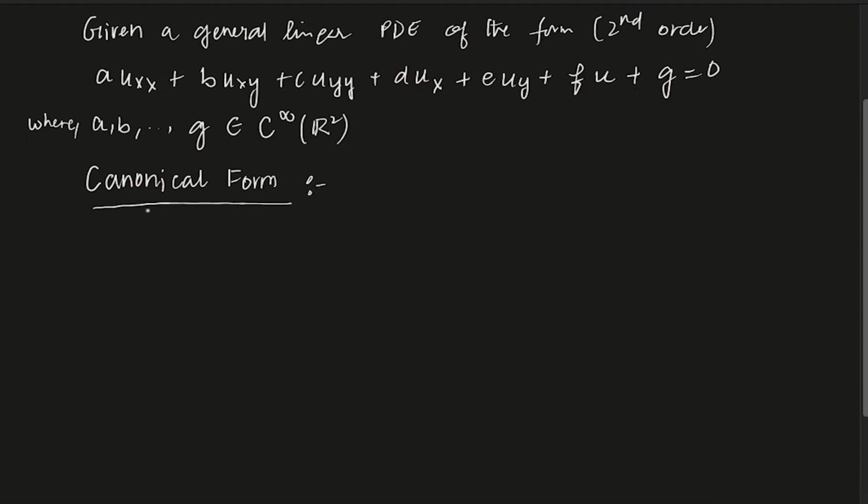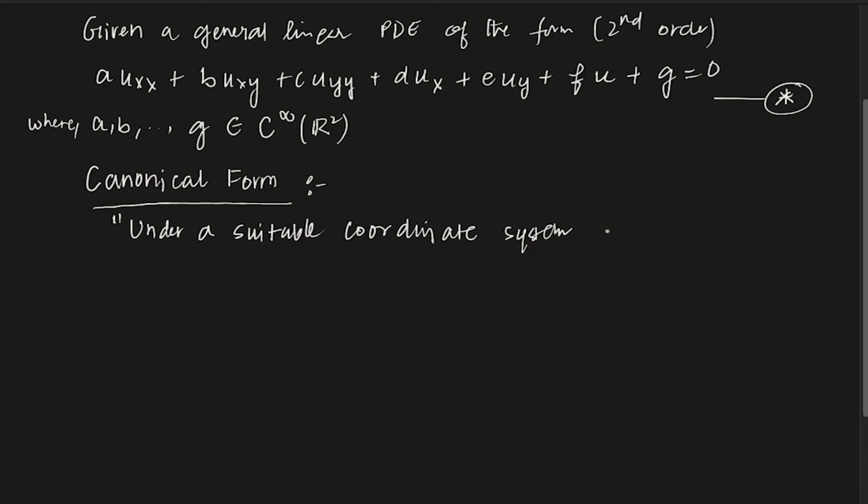Let's call this equation star. What the canonical form does is, under a suitable coordinate system, star gets reduced to one of the following.